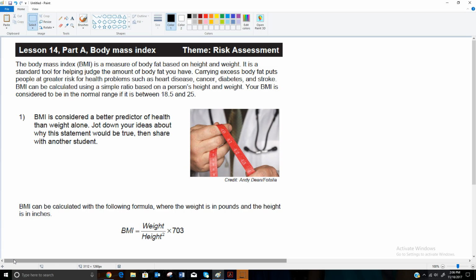And so that's the biggest idea, is that your weight doesn't tell you how your body is built, it only tells you how much you weigh. So there are times where someone could appear to be overweight when they're really not. So we'll just kind of jot that down up here. So we said that muscle weighs more than fat.